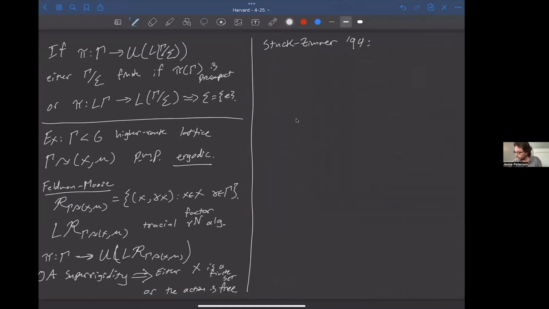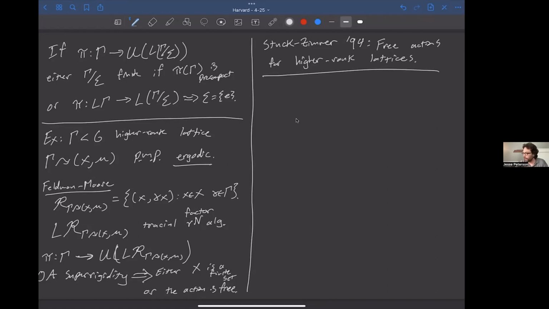So this is about free actions for higher rank lattices. And Stuck and Zimmer, they also borrowed their proof from Margulis' normal subgroup theorem.